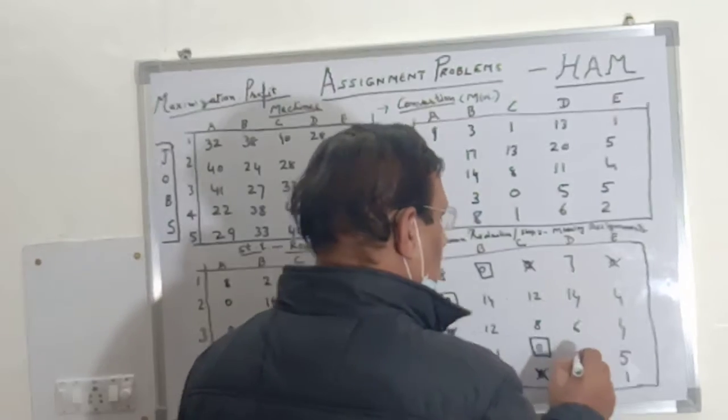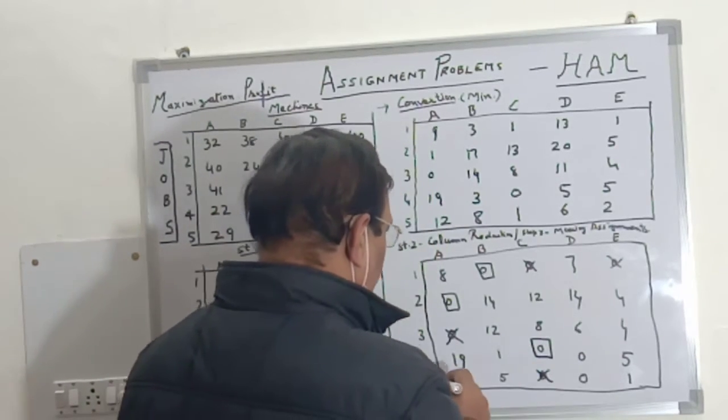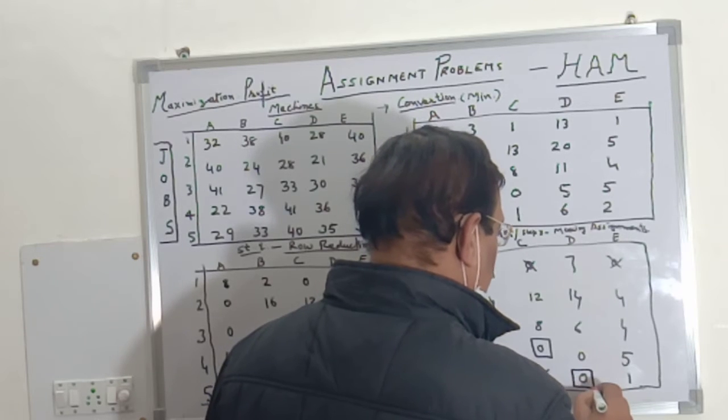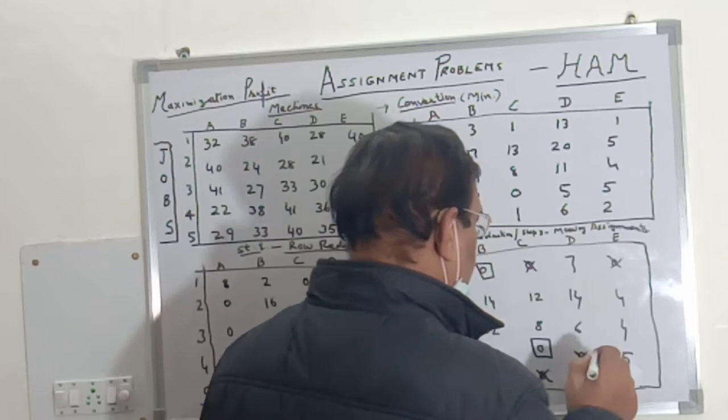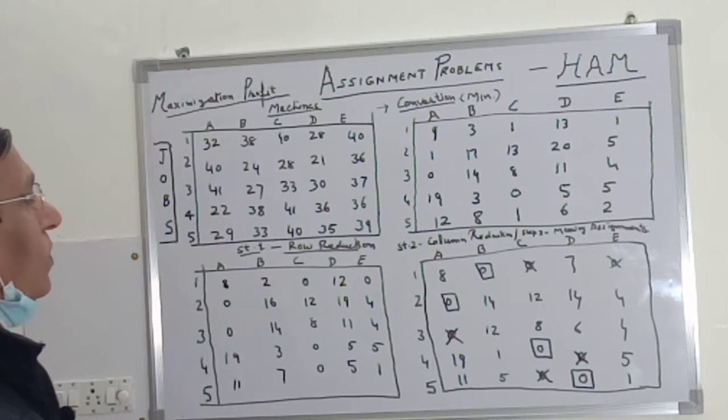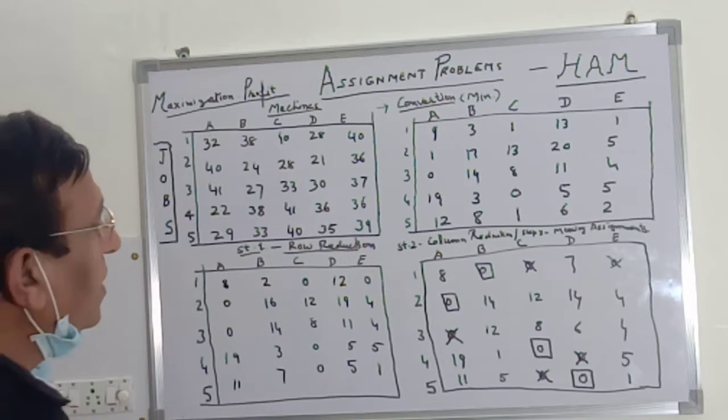Now you can cross again, row is there. Now fifth row, again you have to mark this as an assignment and cross this 0. So we have got 4 assignments, but we require 5 for optimum results.